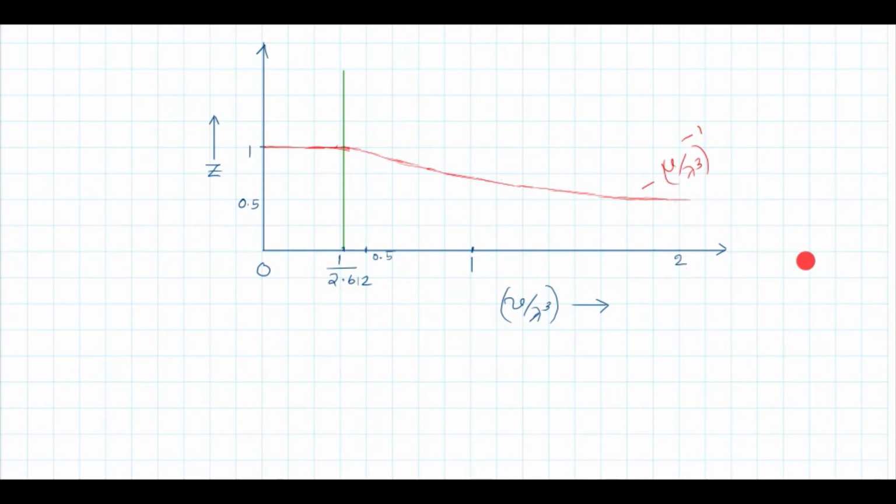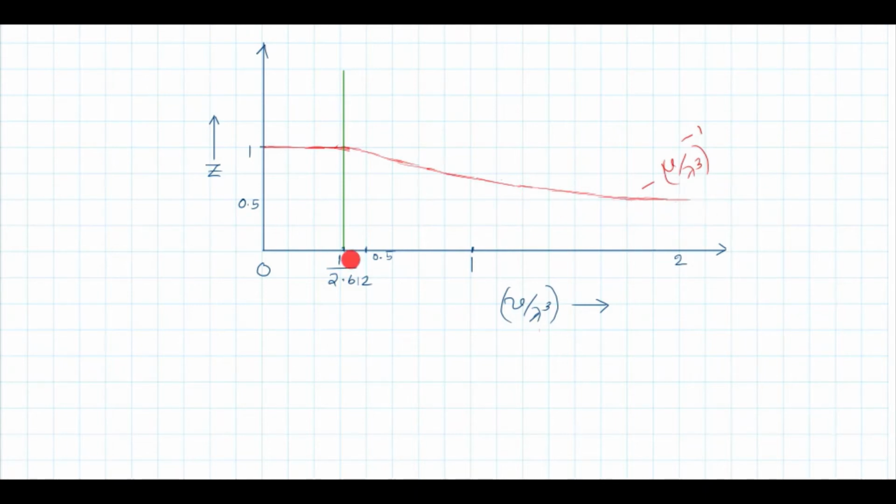When V by lambda cube is 3, Z value will be 1 by 3 and so on. That is the variation of Z with respect to V by lambda cube. Z is constant and it has value 1 up to 1 by 2.612. Beyond that, it starts decreasing, and for very large value of V by lambda cube, it has a 1 by x dependence.